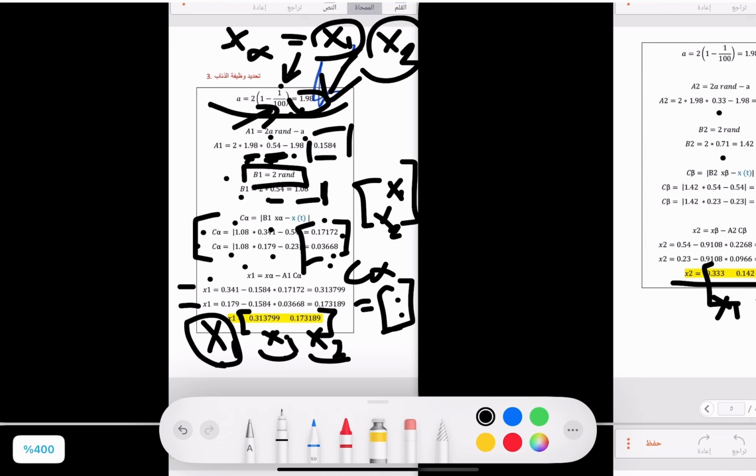We got the answer for x alpha as the values that correspond to the best solution. We are replacing them here for x1, for x2 down here. This is for the first answer that we got, 0.17 will be here. The second answer is going to be for x2, so it's going to be down here below.